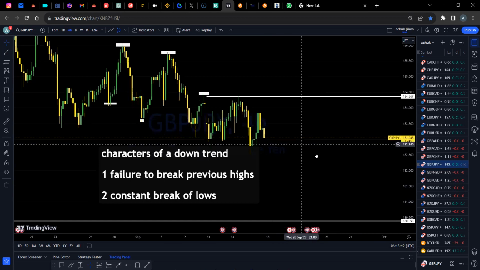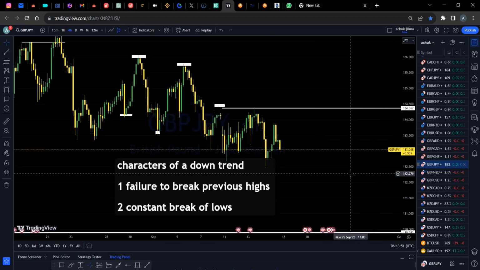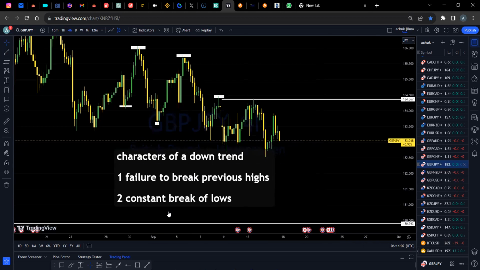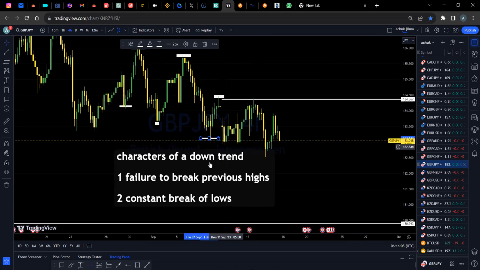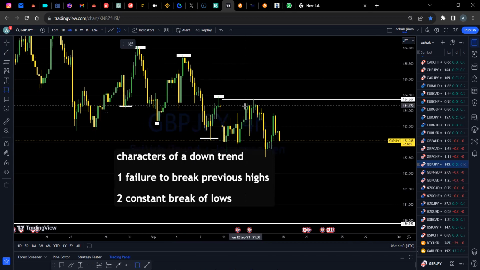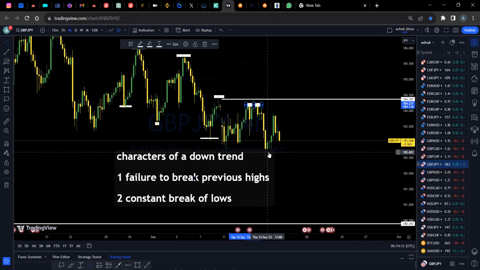Another factor: if you're using TradingView, you can switch between these different data feeds. This is FXCM. You can go to OANDA, you can go to Pepperstone and others. So this high failed to be broken, and then this low is being broken, and then we have again this high not being broken and this low.